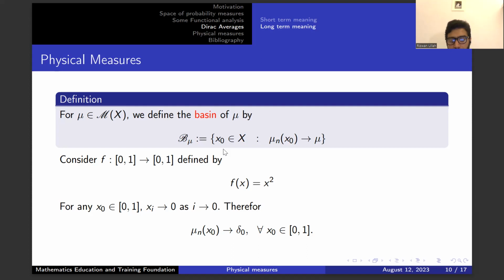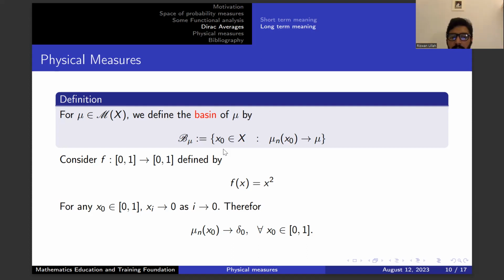So let's see an example in order to understand this. I have a dynamical system f from the interval [0,1] to [0,1], defined by f of x equal to x squared. One can see that the sequence of the Dirac averages is converging to the Dirac delta at the origin.